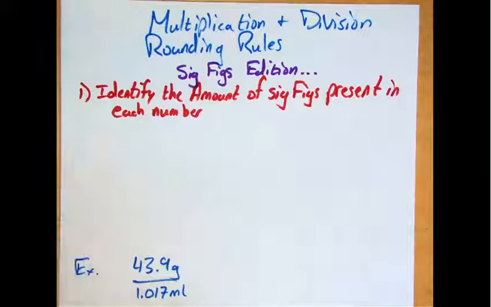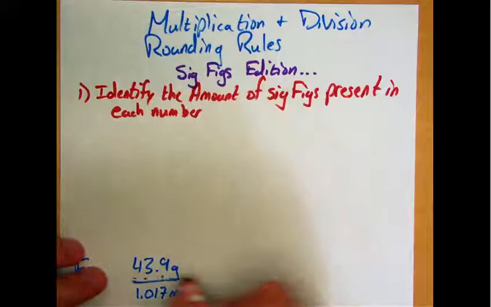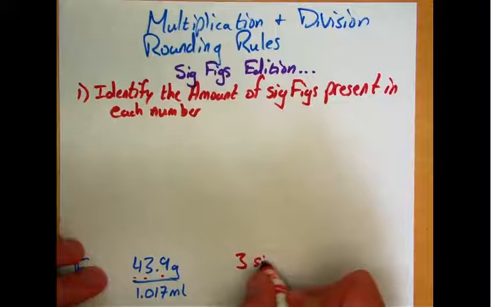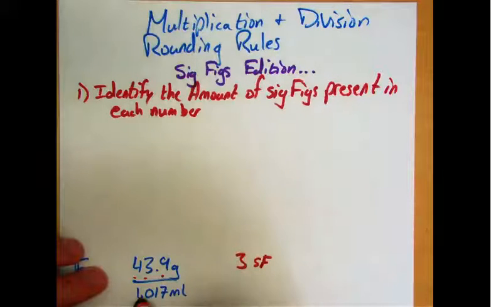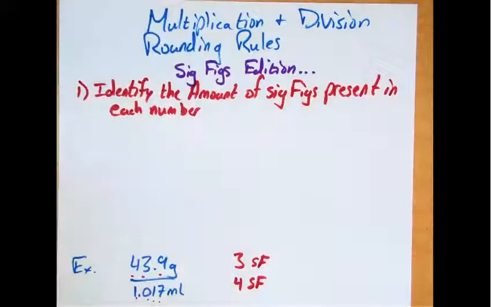My example problem right down here is 43.9 grams divided by 1.017 milliliters. So this top number we have 1, 2, 3 sig figs, and I'm just going to write SFs. And this one we have 1, 2, 3, 4 because that 0 is trapped, so we have 4 sig figs. Excellent. Step 1 finished.